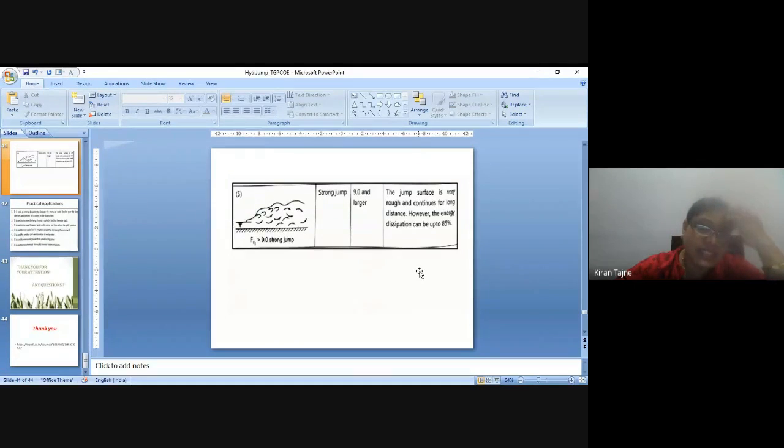And lastly, there is a strong jump, where Froude number is more than 9. Here, the energy dissipation can be up to 85%, and the surface is very rough and continues for a long distance. So these are the 5 types of hydraulic jumps.